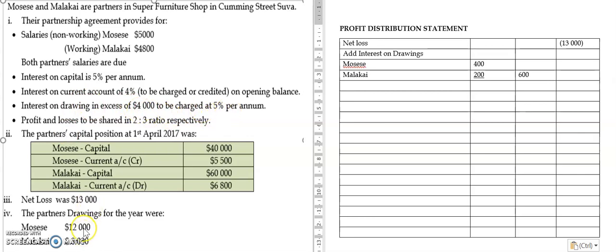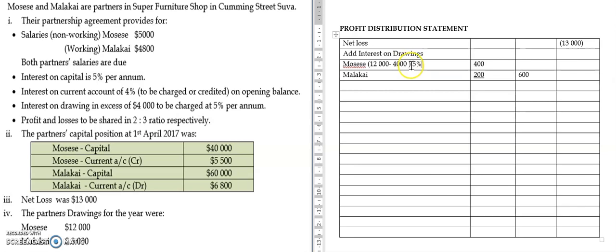So Mosese has taken 12,000, 12,000 minus 4,000. If he's taking more than 4,000, on that he'll be charged 5% interest.